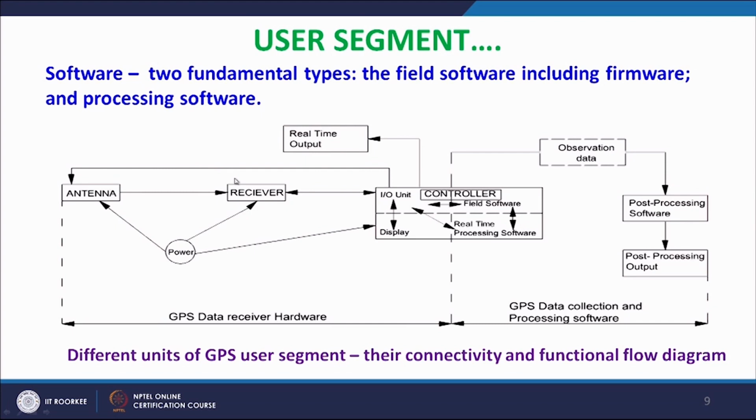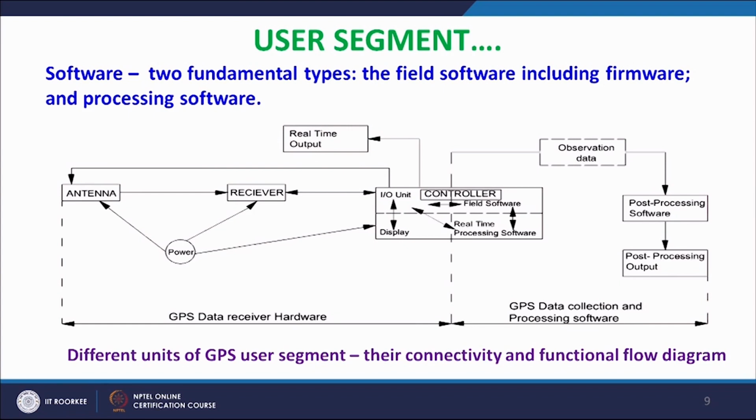Later, these data will be taken out through office software to the post-processing software, and the post-processing software will process the data received from the controller or from the receiver and provide the post-processing output.